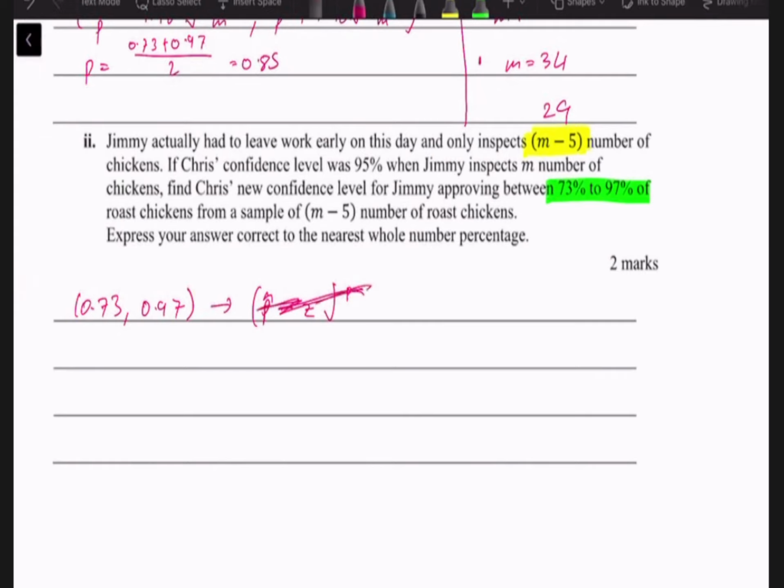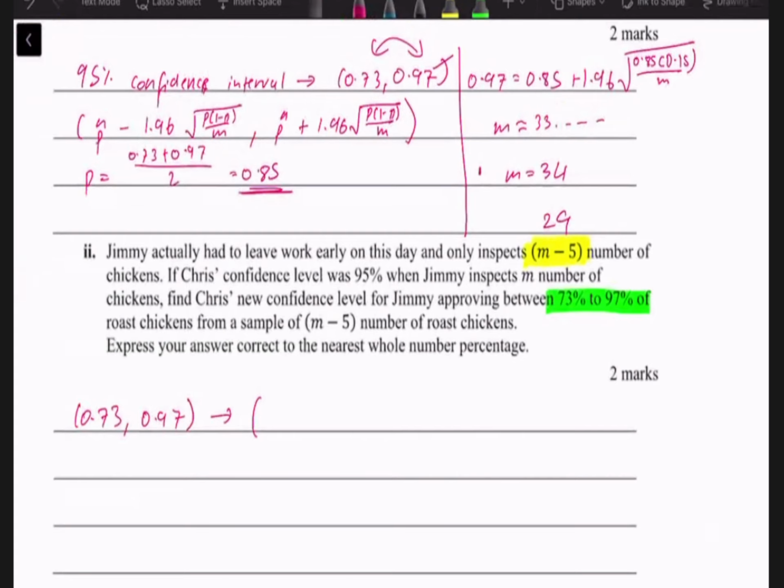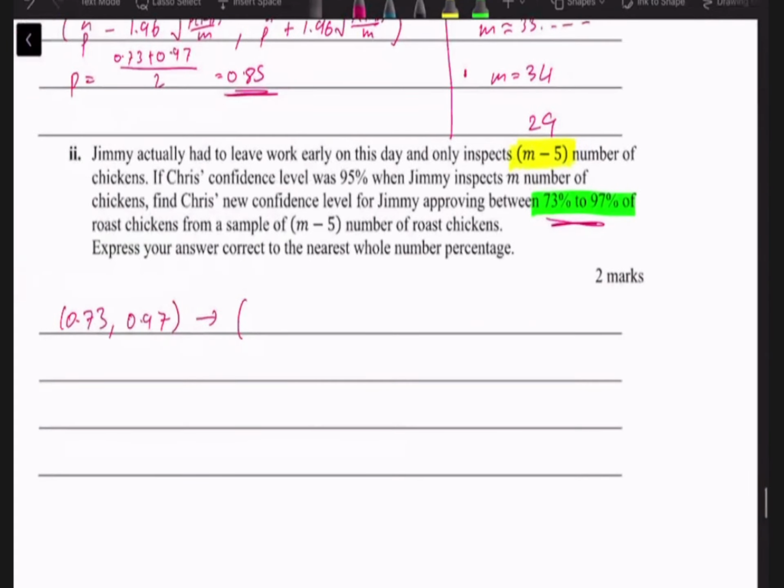Since it's the same confidence interval, our p hat also remains the same because it'll always be the middle value of these two. So 0.85 minus z square root 0.85 times 0.15 on m. m is 29 now, and so the upper limit is 0.85 plus z square root 0.85 times 0.15 on 29.